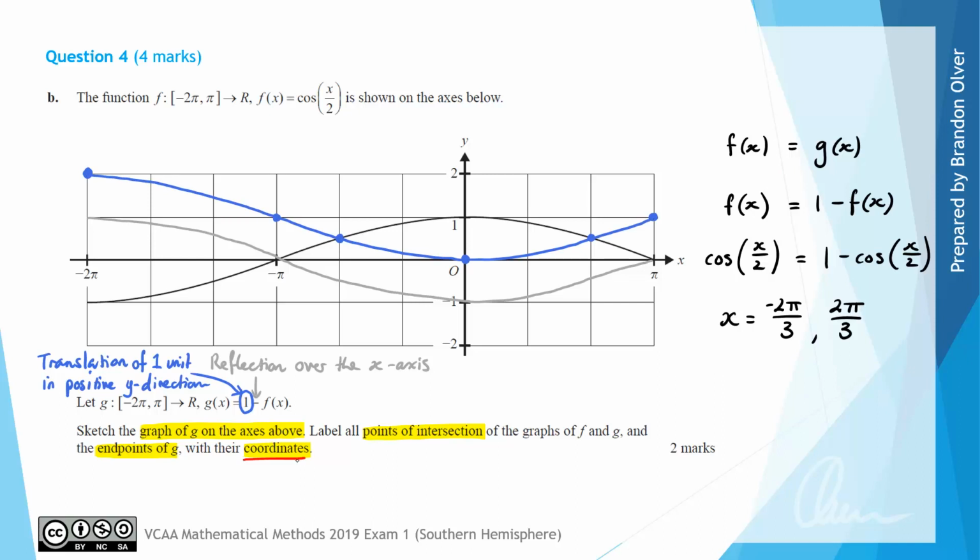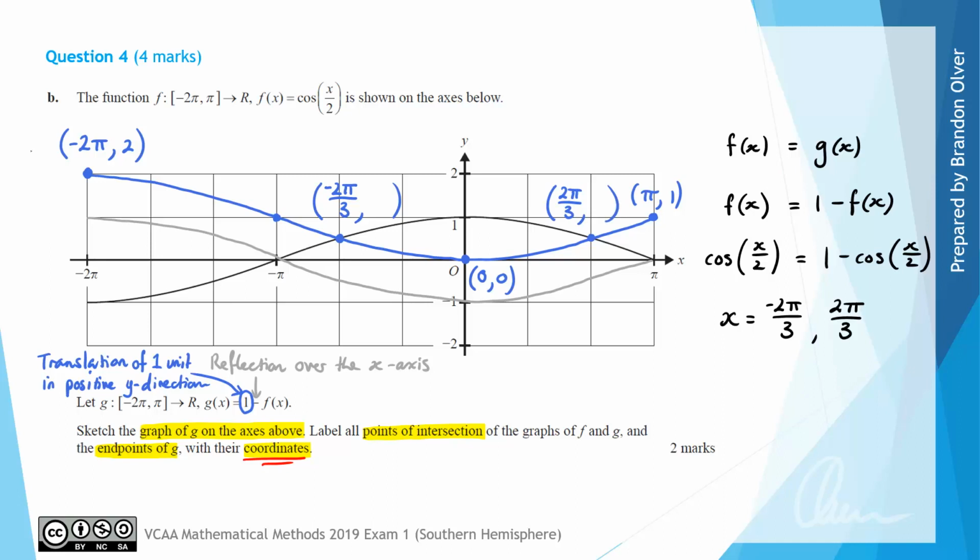And we can just finish by labeling all of the key features with their coordinates, which is what the question was asking for. So this point here we already discussed was minus 2 pi comma 2. This endpoint was at pi comma 1. Here, even though it doesn't ask for the axial intercepts, it is in fact 0, 0, so we can put that in. And then the last thing we've got to do is just label those points of intersection, which we know were at negative 2 pi on 3 comma something, and the other one was at positive 2 pi on 3 comma something.